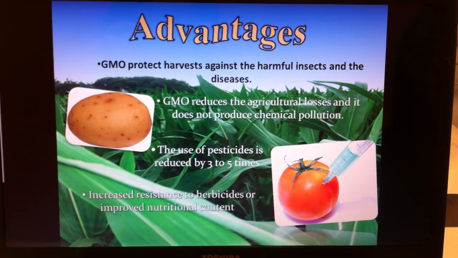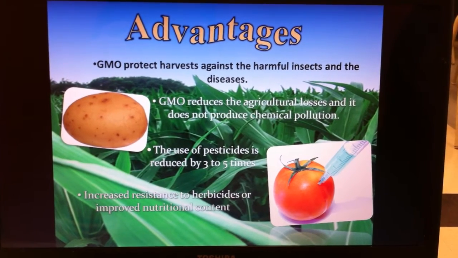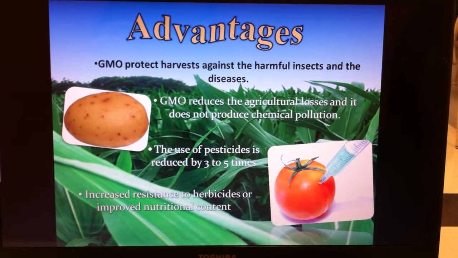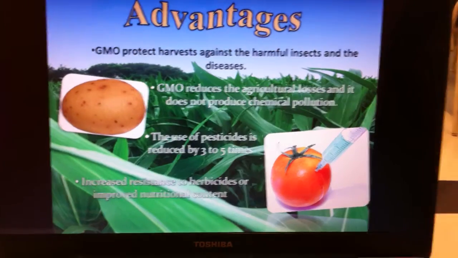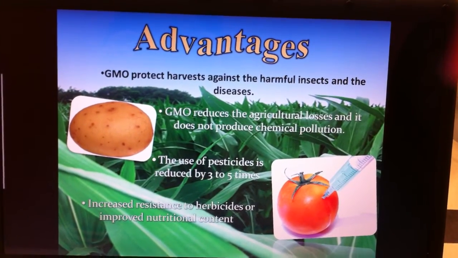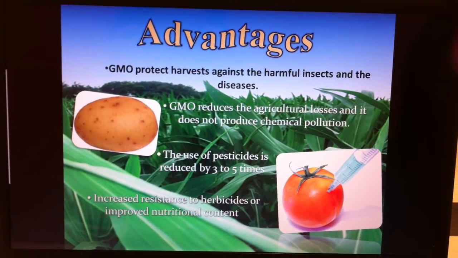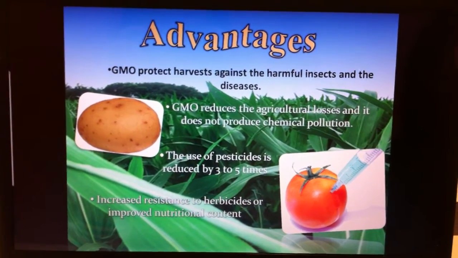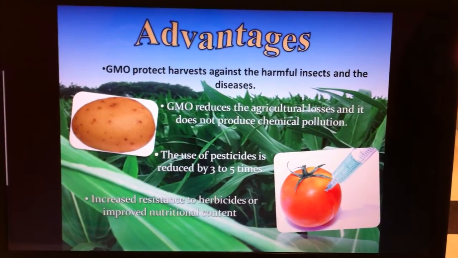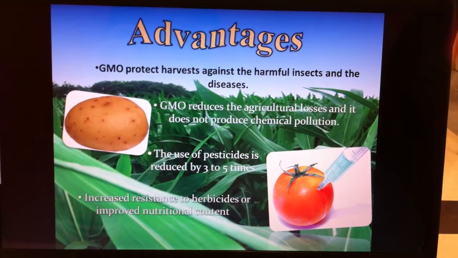These plants have been modified in the laboratory to enhance desired traits such as increased resistance to herbicides or improved nutritional content. With the GMO, the use of pesticide is reduced by 3 to 5 times and plants avoid damage caused by insects.